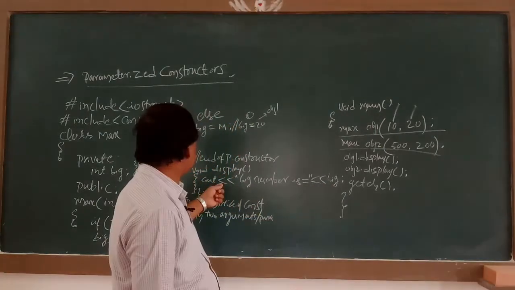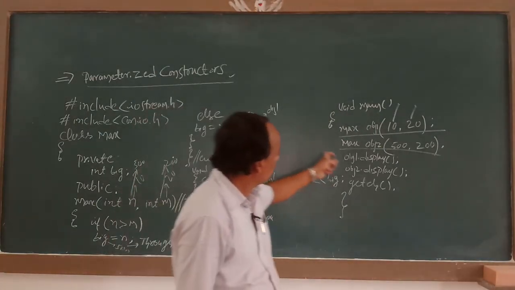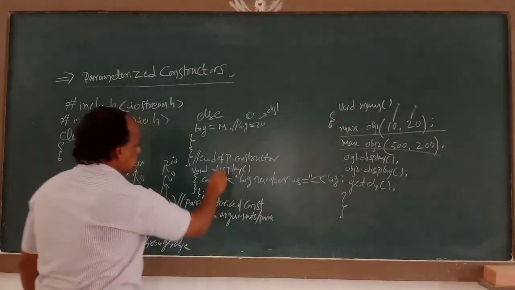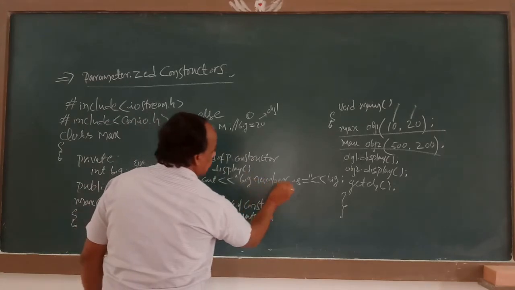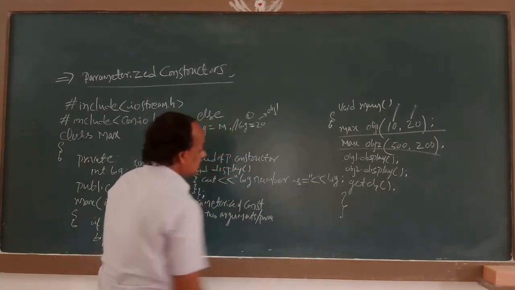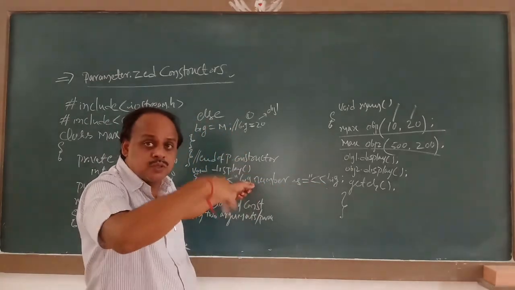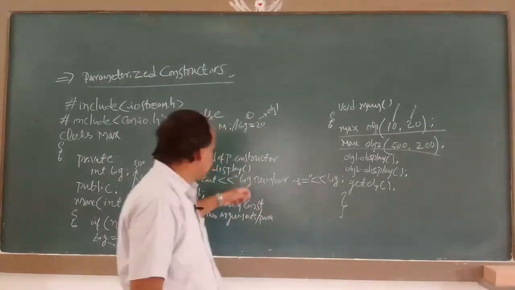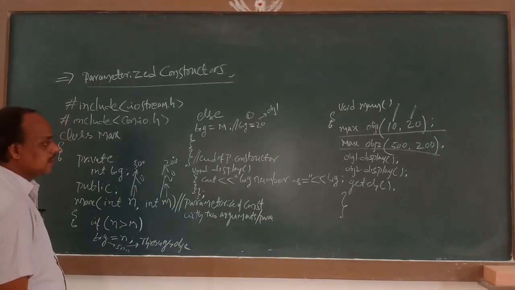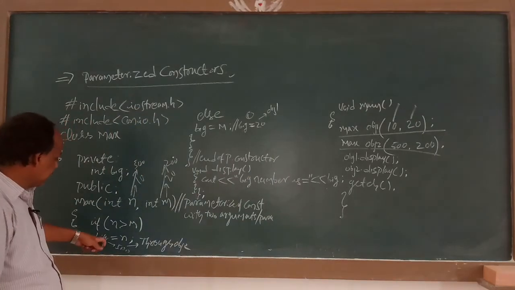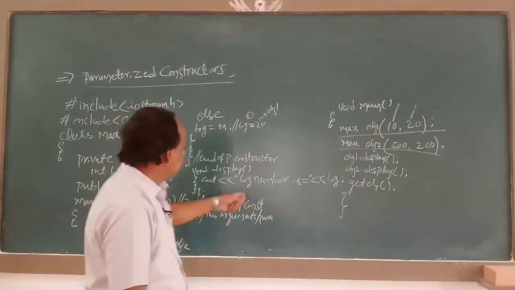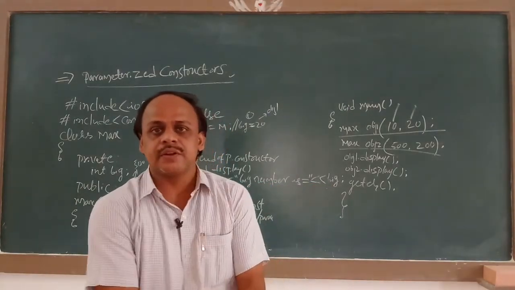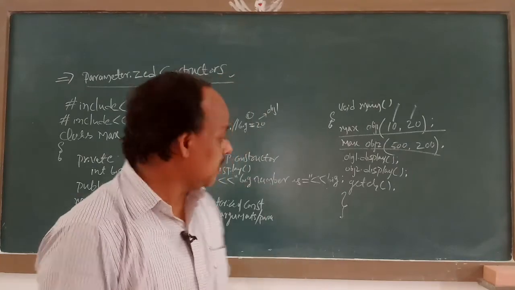Next, this display function is over. Object 2 dot display function means once again this display function executes, now through the second object. When the second object is invoked, big contains 500. Therefore, big number is 500. So what is the final result?